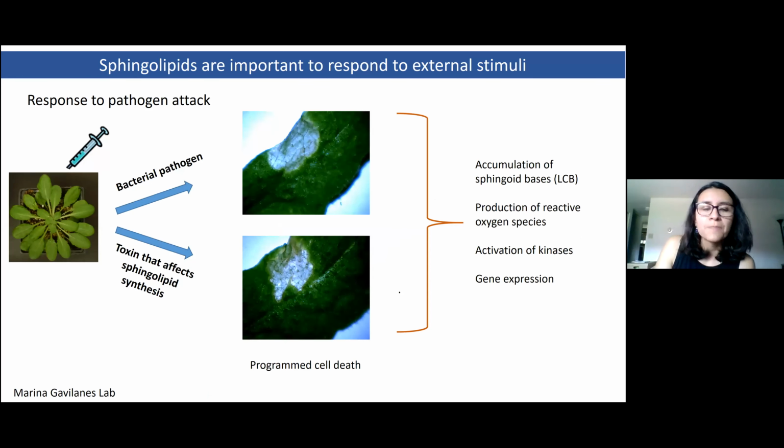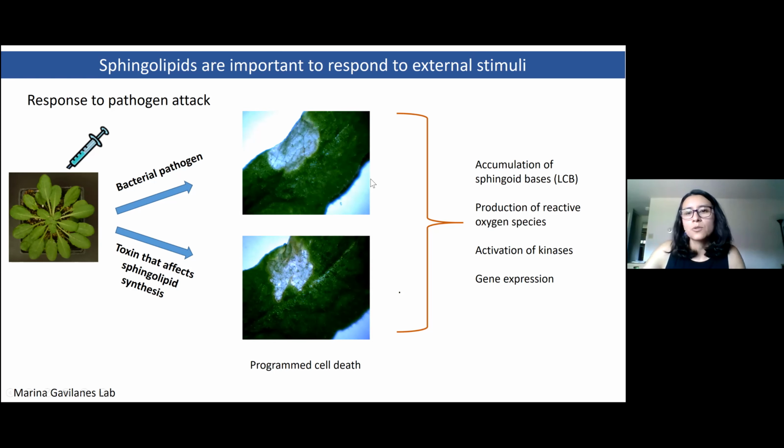Another example that I worked on in the lab of Marina Gavilanes was trying to see the sphingolipids as signaling molecules. And what we saw is that when you infiltrate plants with just a syringe, with a pathogen and also with a toxin that affects the sphingolipid synthesis, you have basically the same response. This is just showing how the plants look. These are leaves of Arabidopsis.